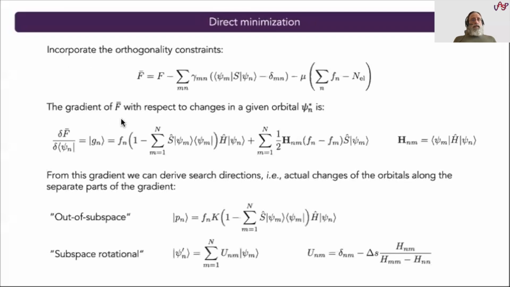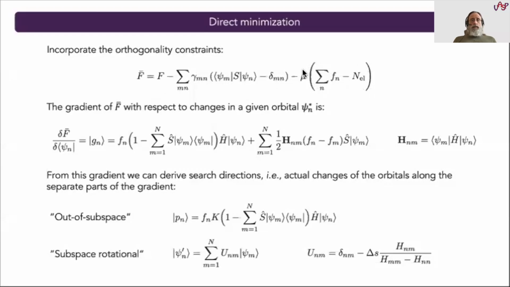So the first category, direct minimization, and there we start with building in the orthogonality constraints into the functional that we minimize. So we have here Lagrange multipliers that essentially enforce S orthonormality of the orbitals. So those are added as Lagrange multipliers to the free energy functional that we have.